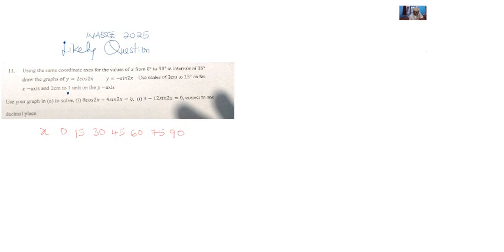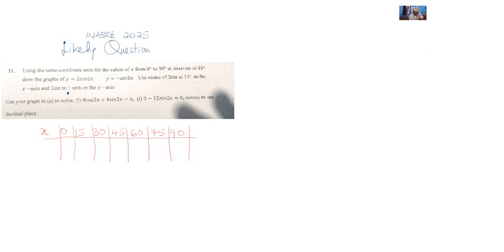So these are the values for x. So we draw a table of this form, then you can easily solve this question without any challenge.